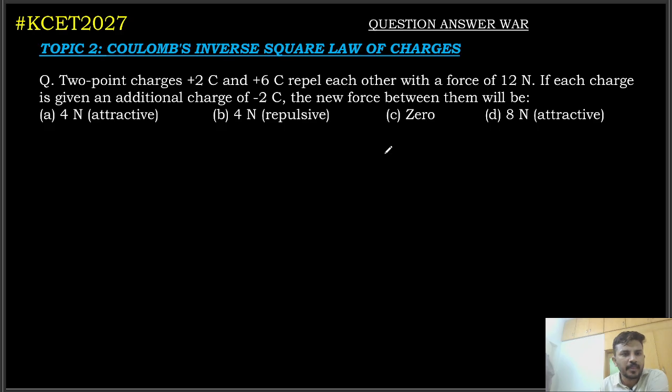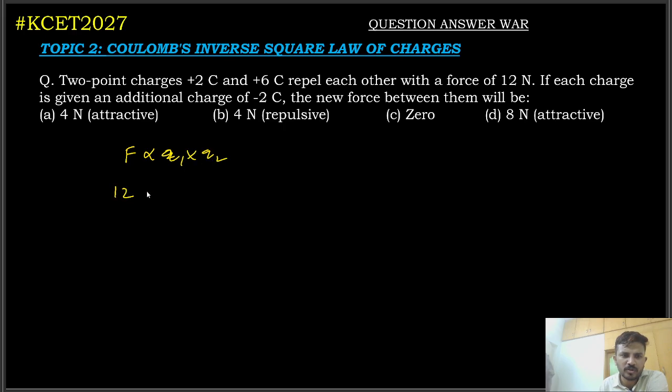Next, two point charges 2 coulomb and 6 coulomb repel each other with a force of 12 newton. If each charge is given an additional charge of minus 2q, the new force between them is? So F is directly proportional to Q1 into Q2.